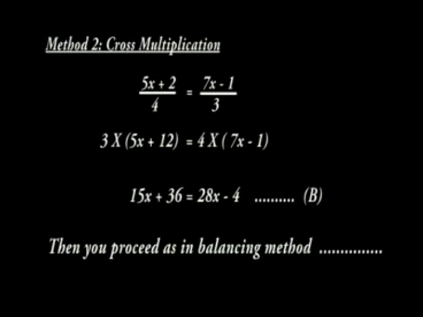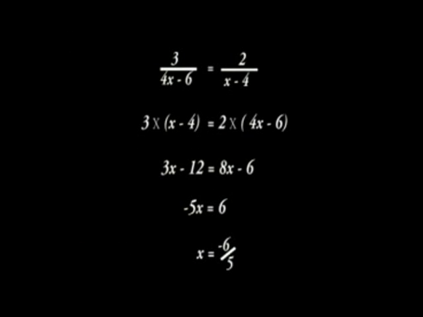Sometimes the second method is the only one applicable. For example, 3 over 4x minus 6 equal to 2 over x minus 4. It is complex to use the LCM of such denominators. Thus, we simply do cross multiplication in such cases.